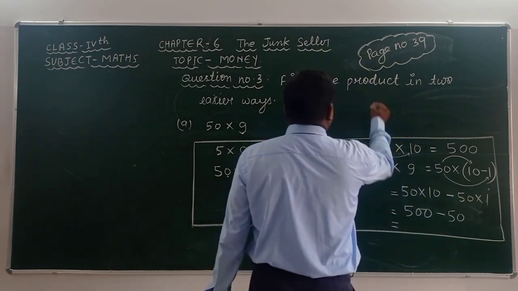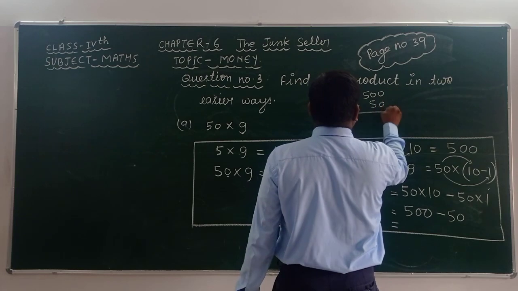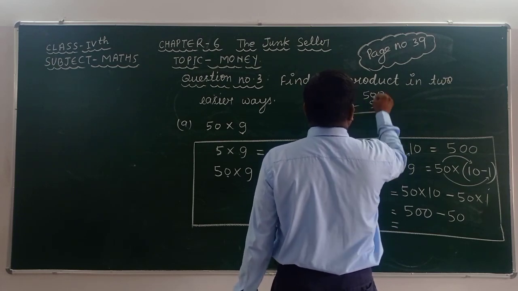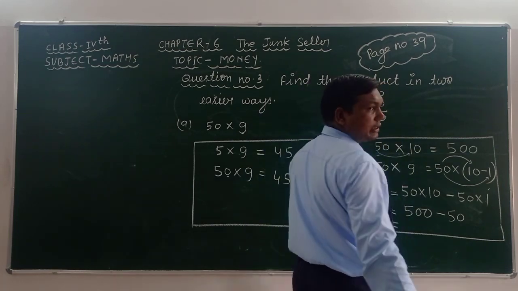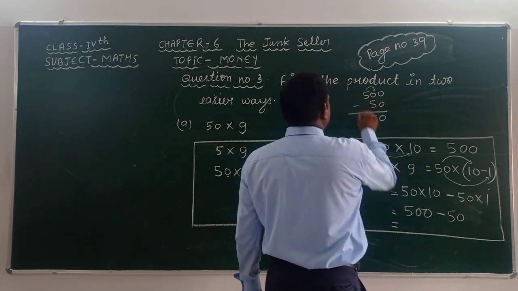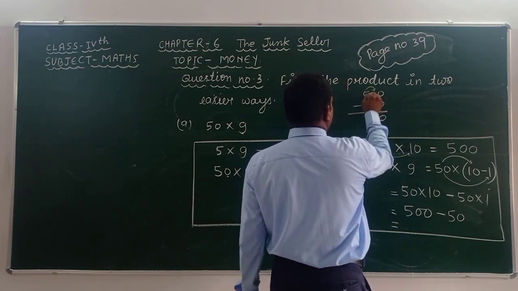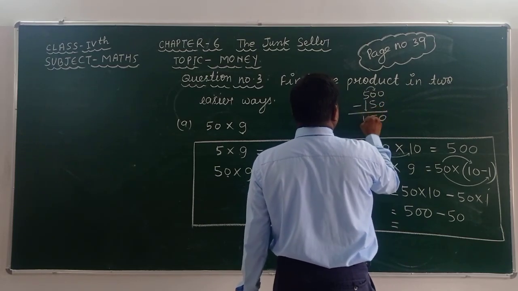Okay, look at here carefully. 500 minus 50. 0 minus 0 is 0. Here given that 0, here 5, here we have to take 1 borrow from this 5 and this 0 makes 10, 10 minus 5 is 5. Here we get 4 in place of 5, here we can take 4 as same.